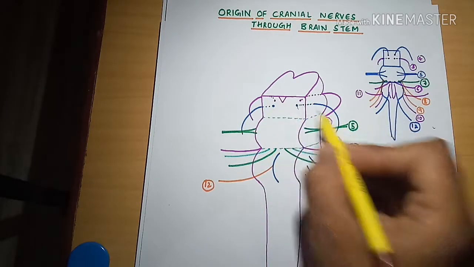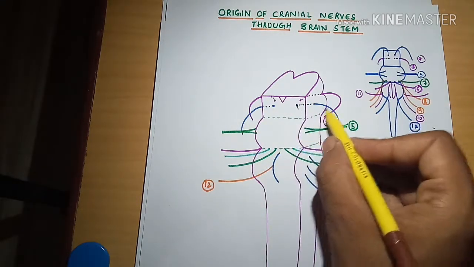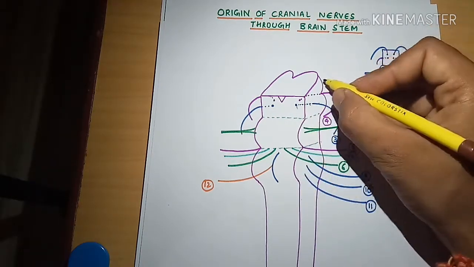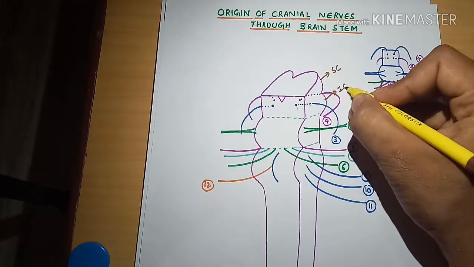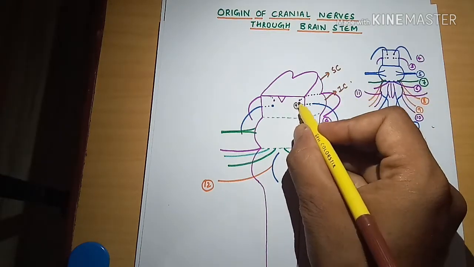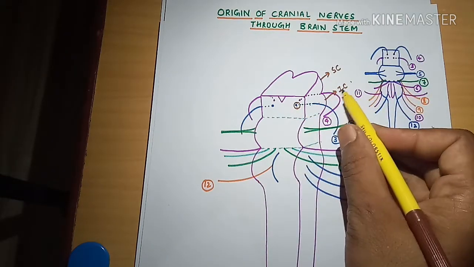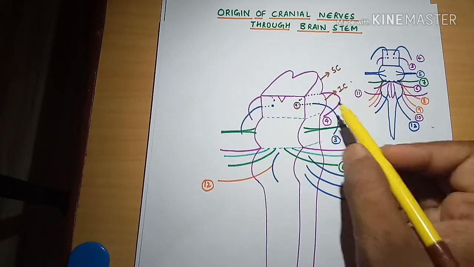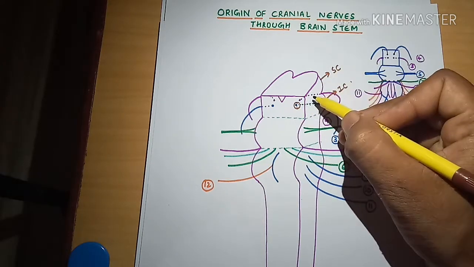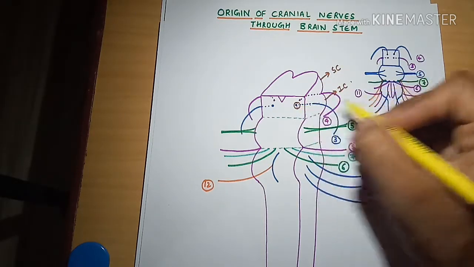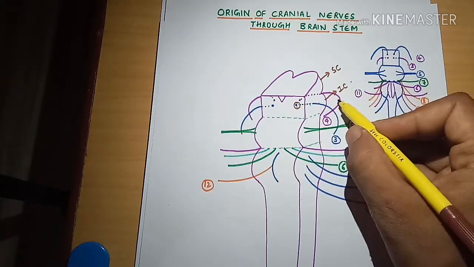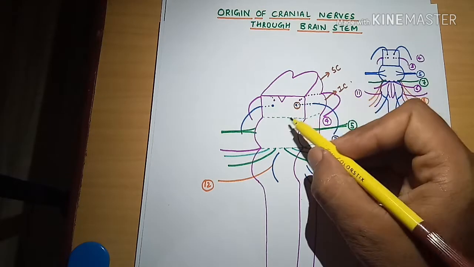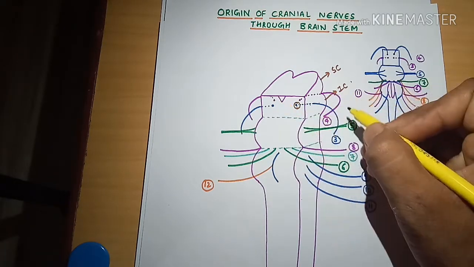This portion is the superior colliculi and this portion is the inferior colliculi. The third cranial nerve nuclei are present at the level of the superior colliculi, and the fourth cranial nerve nuclei are present at the level of the inferior colliculi.